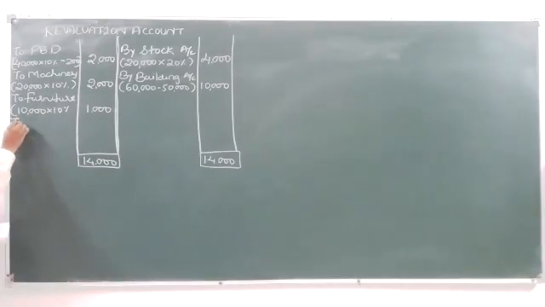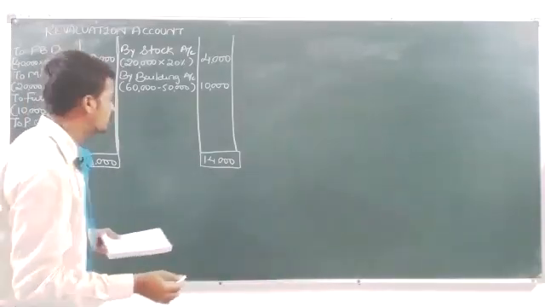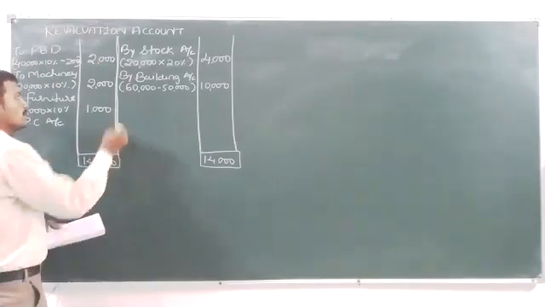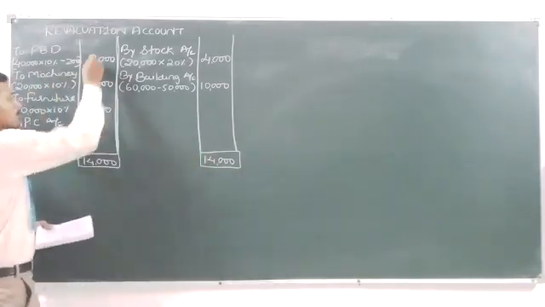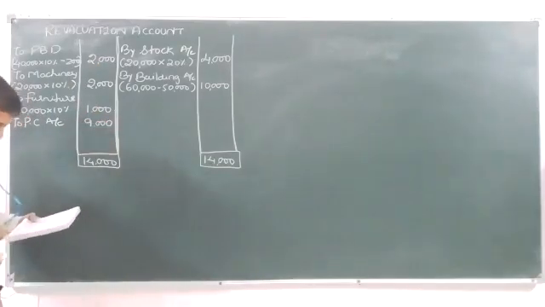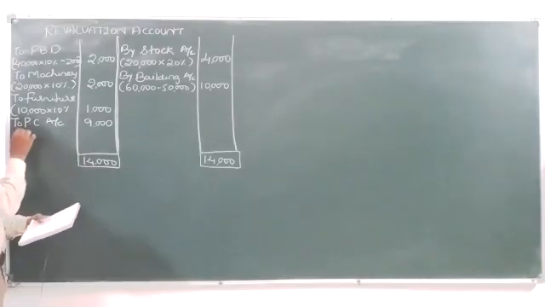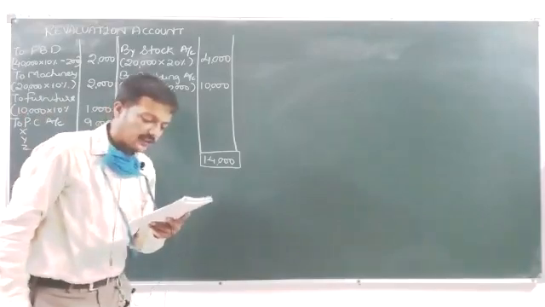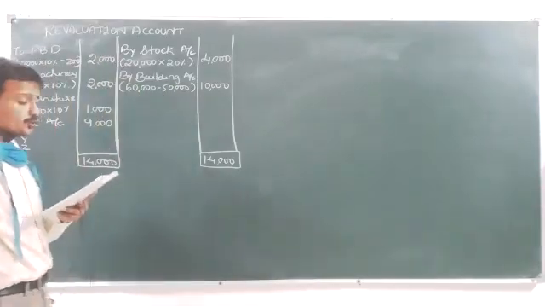So, to partners capital account, you can write it short because I have less space, so that's why I have not written it fully. So, to partners capital account, 14,000 minus 5,000, it will be 9,000, which will be distributed to X, Y, and Z in their profit sharing ratio, that is 2:2:1.